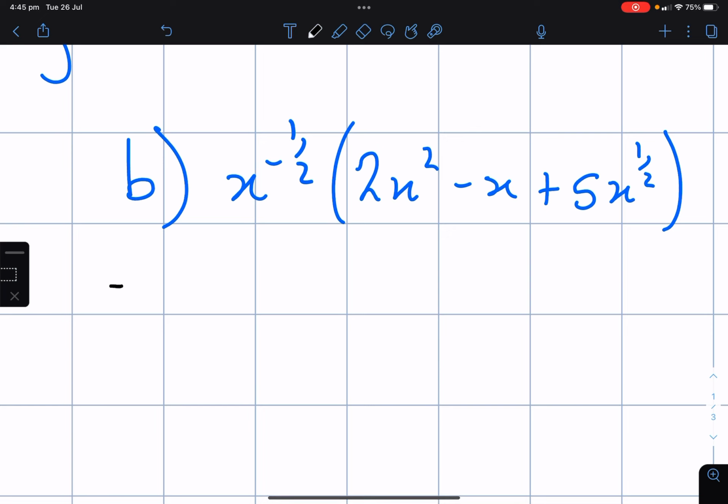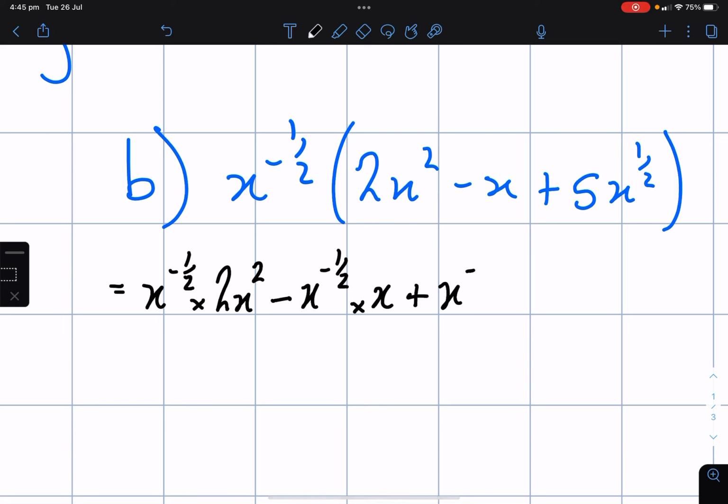So we've got x to the negative a half times by 2x squared, take away x to the negative a half times by x, so I've just put that negative out the front, plus x to the negative a half times 5x to the half.